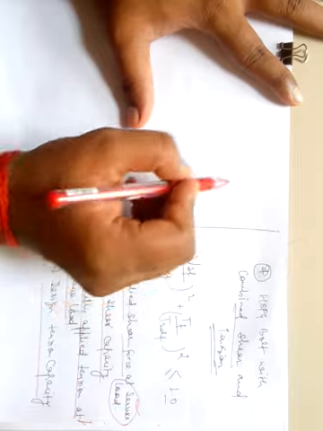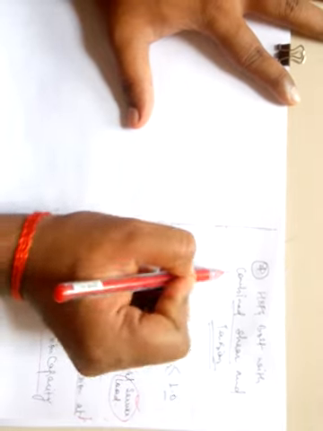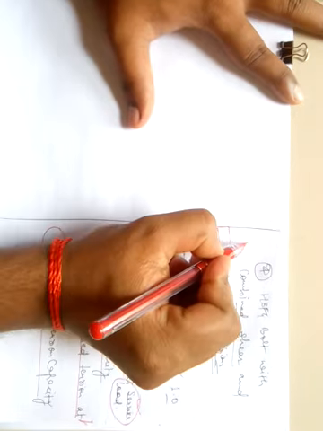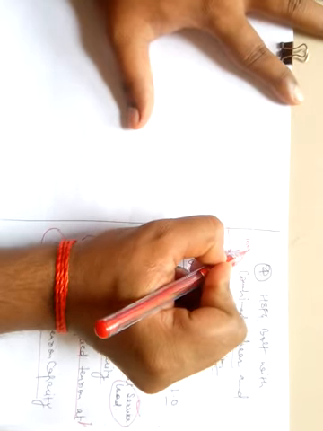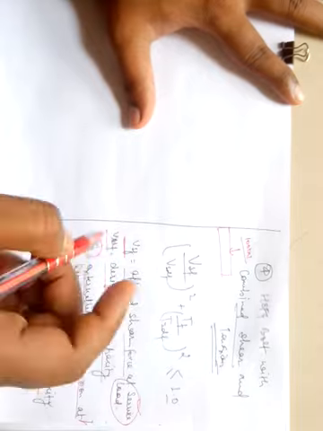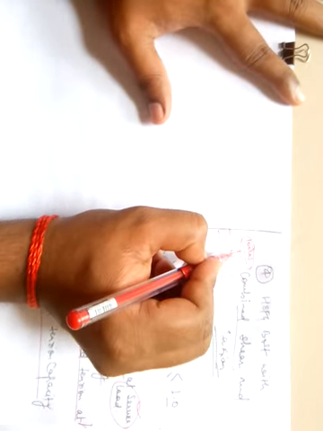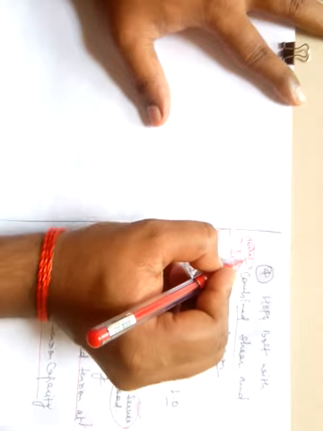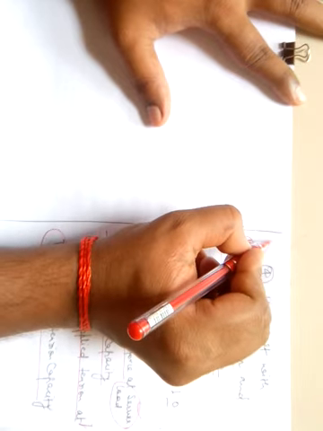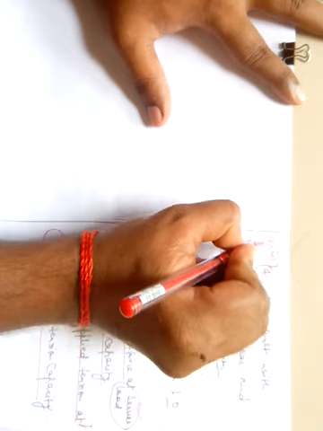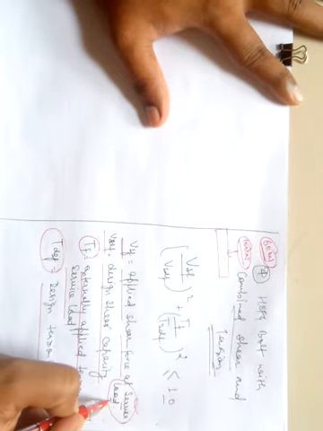Okay, so if any member has a strength of, let's suppose, 100 kilonewton, but in the present scenario it is not experiencing a load of 100 kilonewton, but it may get a load of 60 kilonewton. So this 60 kilonewton is service load.